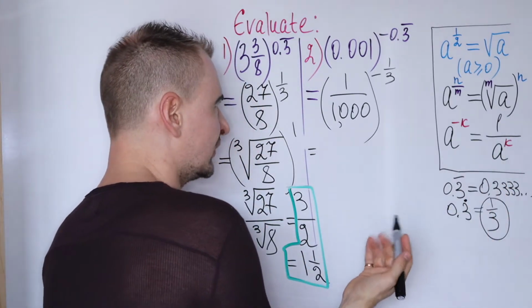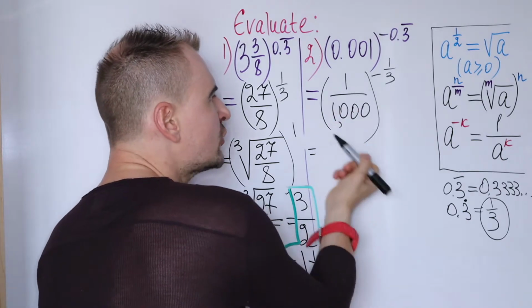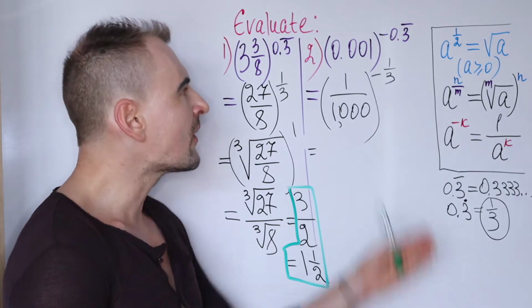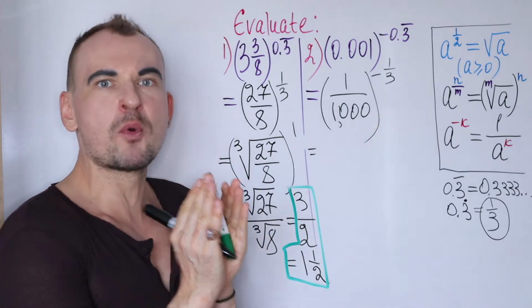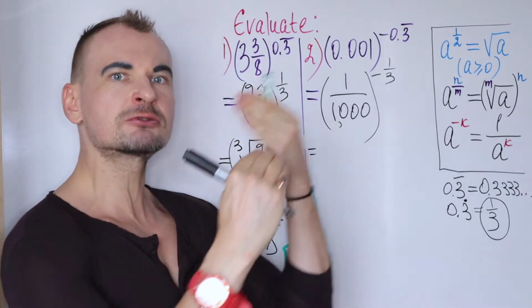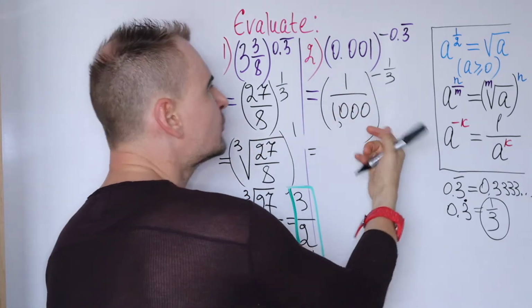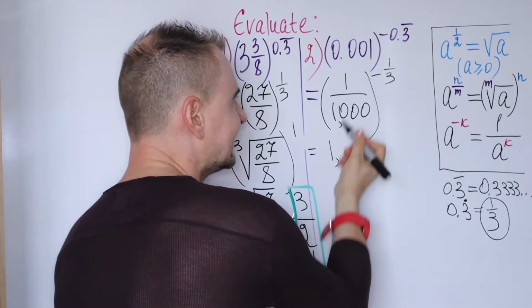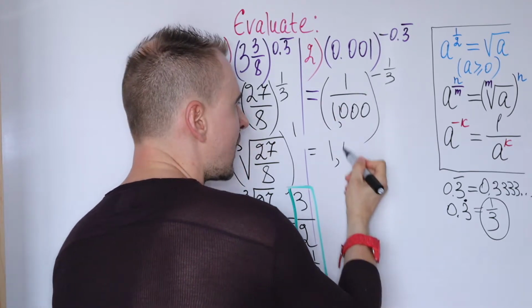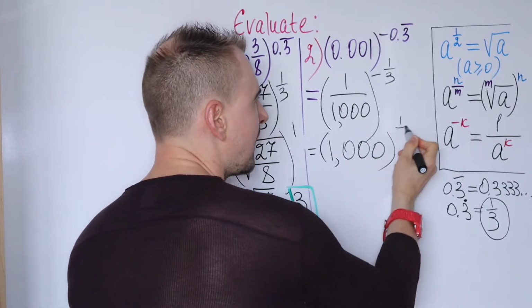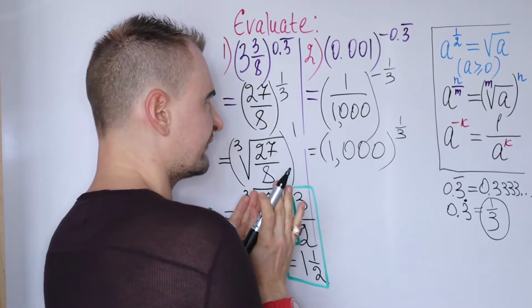So let's do it. And look, since your base number happens to be a fraction, the reciprocation at this point means that you need to swap, to switch your top and bottom. And instead of 1/1000, your base becomes just 1000 and your power becomes positive.